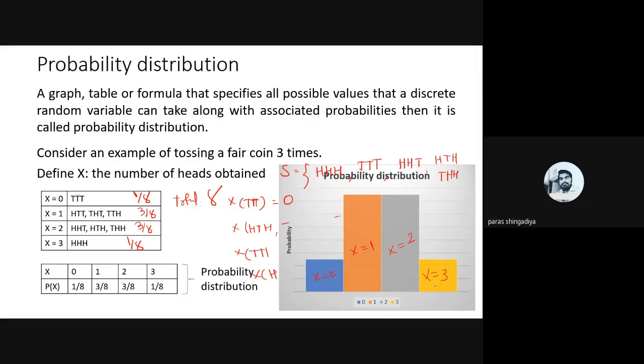And this bar is x equal to 3, one outcome is there. Clear? So this is the graph of the probability distribution. That is for our reference; it is not required in any example to consider the graph also. That is for our reference, how we can introduce this table as a graph. So this is one example of a probability distribution.